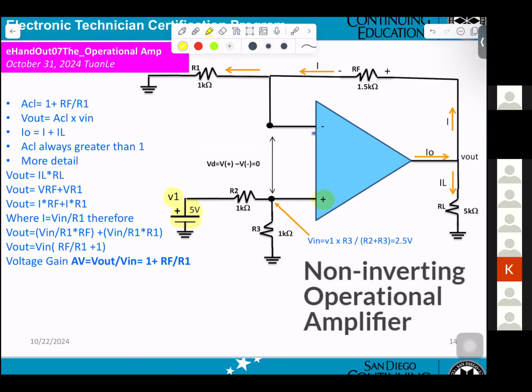Just to clarify, so that means that when it has a sine wave, if the input is positive, the output will still be positive? You said if you get a sine wave, right? For V1, yeah.